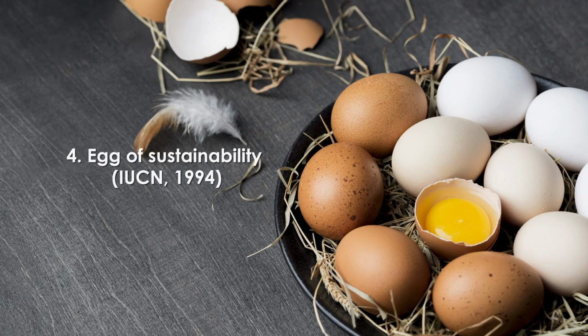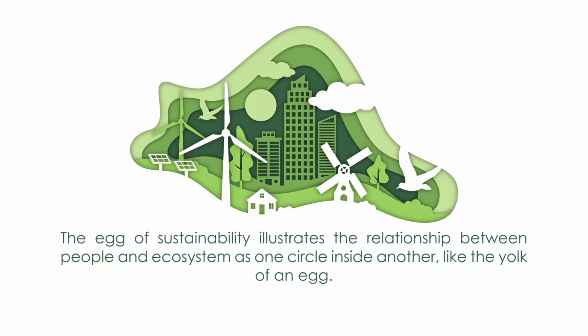Then another model, principle, as we call it, a model also, Egg of Sustainability by Ayushyan, 1994. The Egg of Sustainability illustrates the relation between people and ecosystem as one circle inside another, like the yolk of an egg. That shows that whenever you have good quality of the yolk, then the albumin also has good quality.